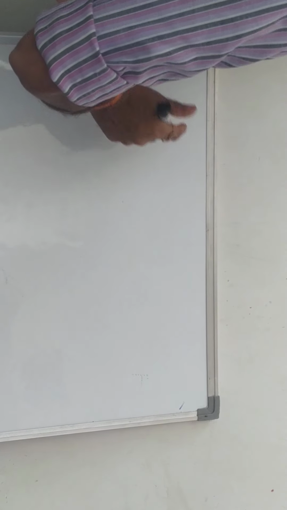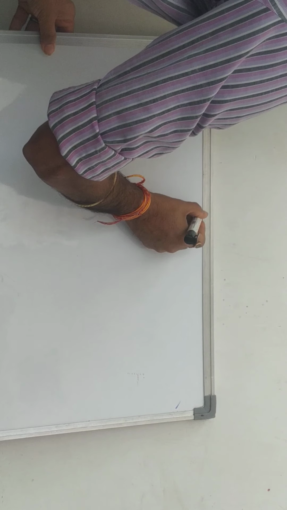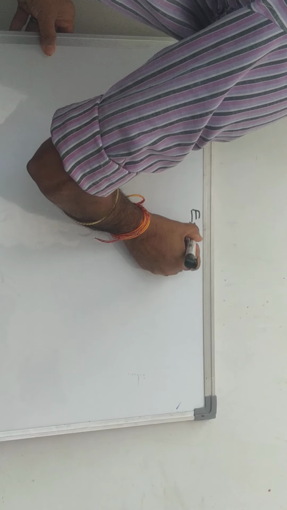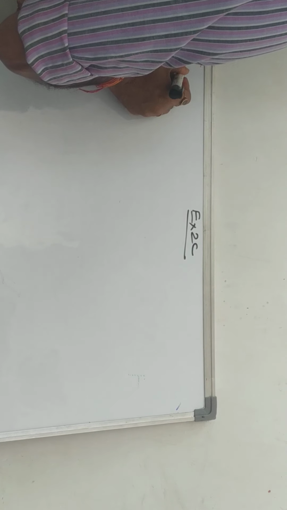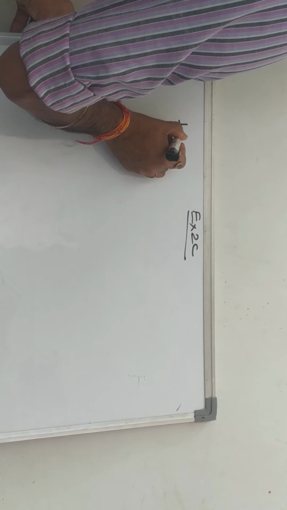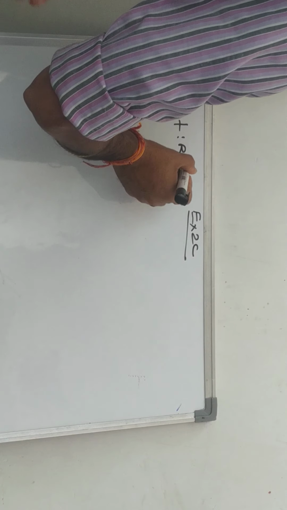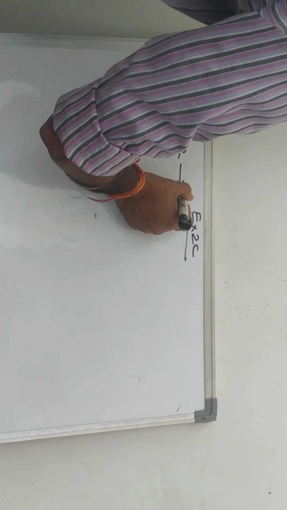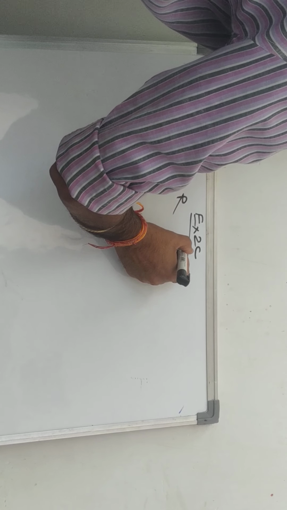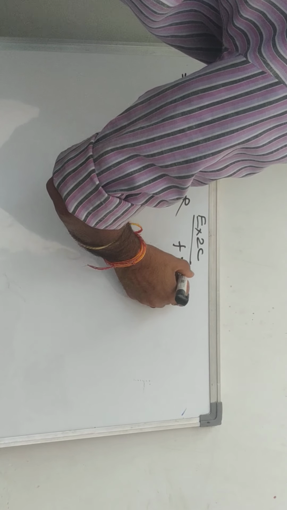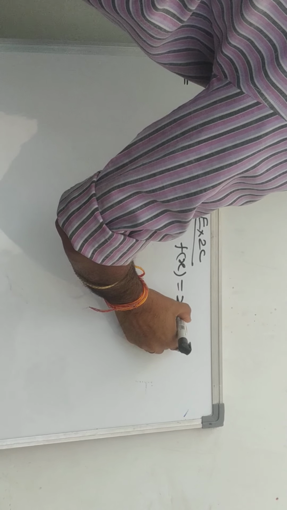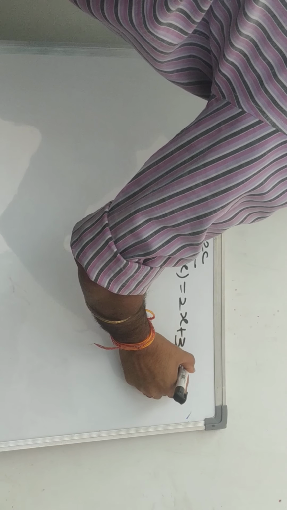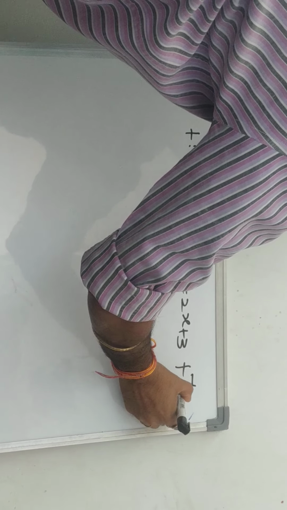f inverse x, exercise 2C, question number 1. f from R to R and f of x is equal to 2x plus 3. Find f inverse x.